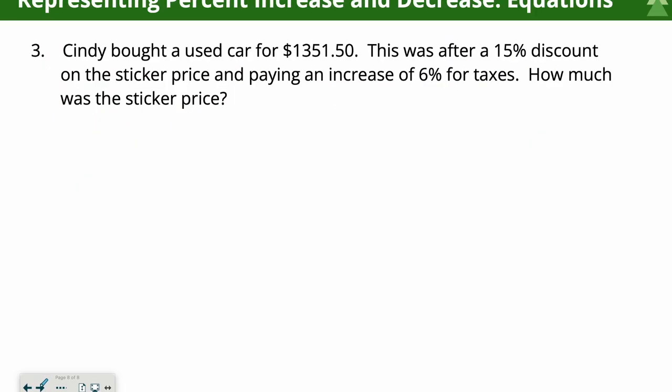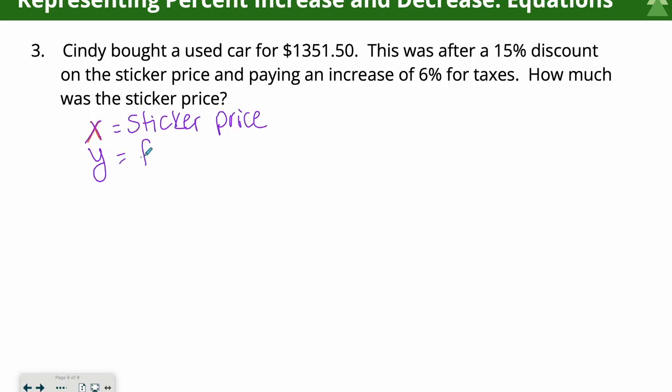Let's use that idea to find Cindy bought a used car for $1,351.50. This was after a 15% discount on the sticker price and paying an increase of 6% for taxes. So how much was the sticker price? X is going to be the sticker price.